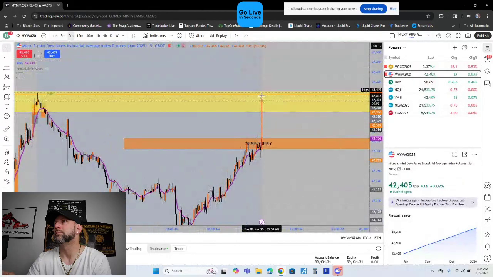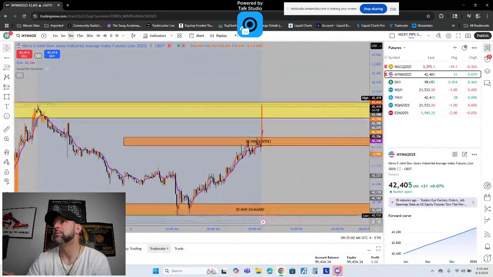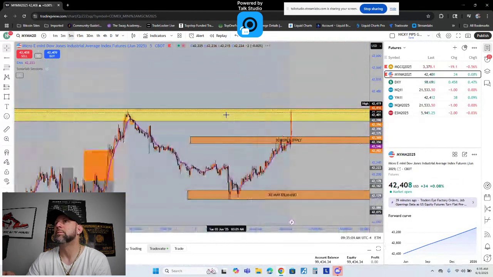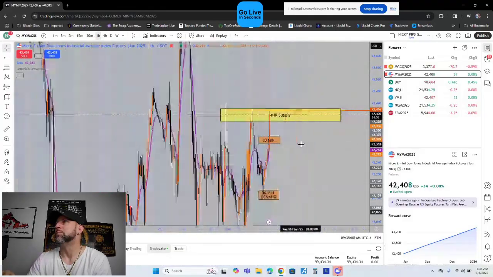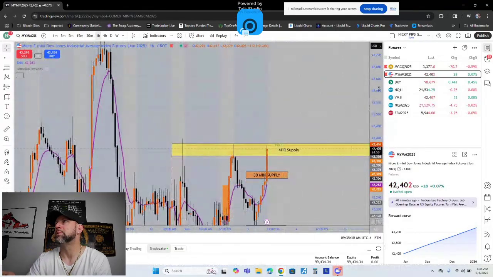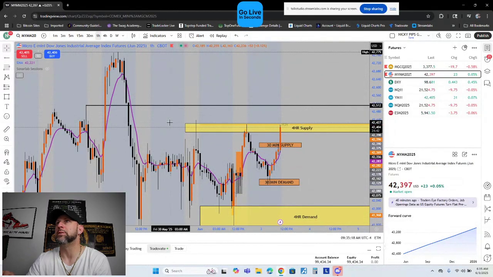There you go. This US 30 is going to tap that previous day high. So we can go a little bit higher on here, see where it could tap into next. I think it's going to break through here. Our next target would be this high right here.